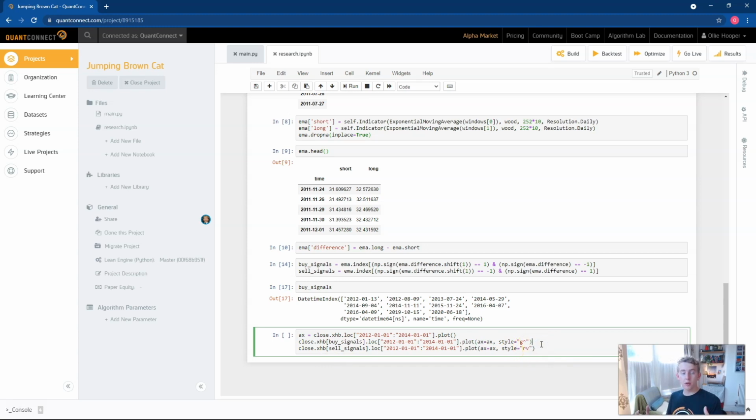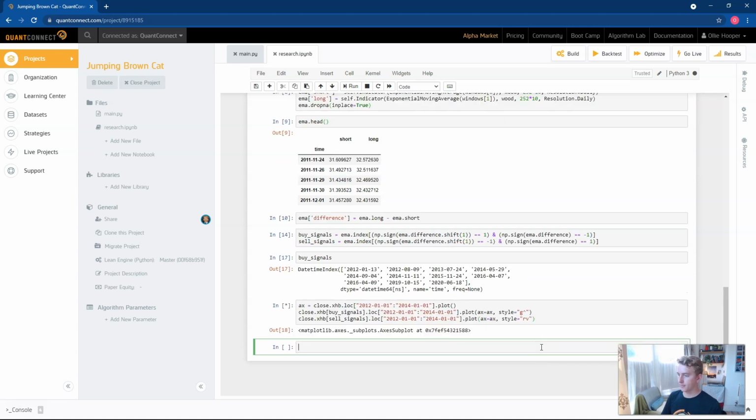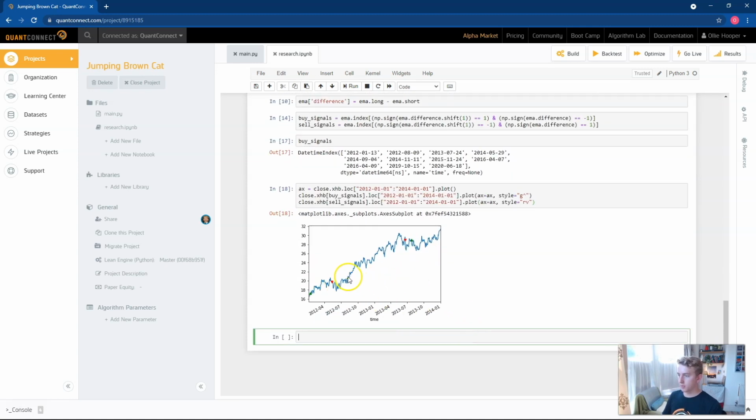Okay, so this is going to plot them on the same charts so we can visualize how our signals from our WOOD ETF prices relate to our XHB prices. And there we go. So we can see that we've got a green arrow here, red arrow there. There are different ways that we can use these signals. We can possibly say that we want to, after a buy signal, be invested for a month and then come out, and then a sell signal, short.